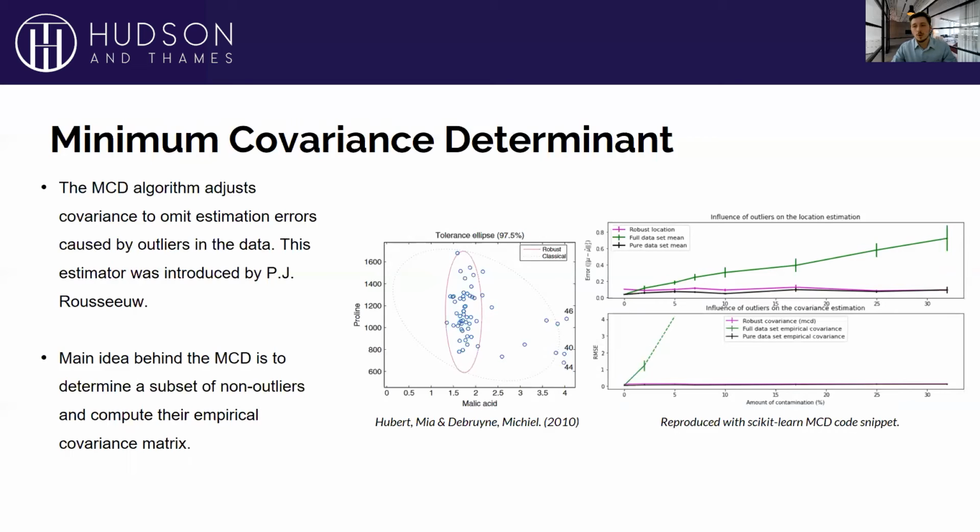But when we're using the robust location and robust covariance, in this example, the minimum covariance determinant, the estimators of the mean and the covariance are very, very close to the pure dataset mean and covariance.